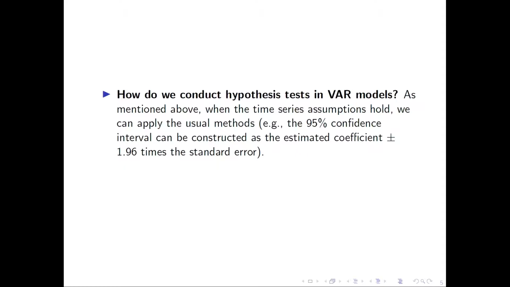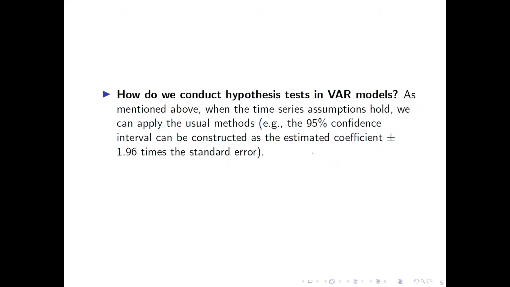Just to underscore the similarity of the hypothesis testing in a VAR model and an autoregressive model: if the time series assumptions hold, then we can apply the usual methods of testing our null hypothesis.